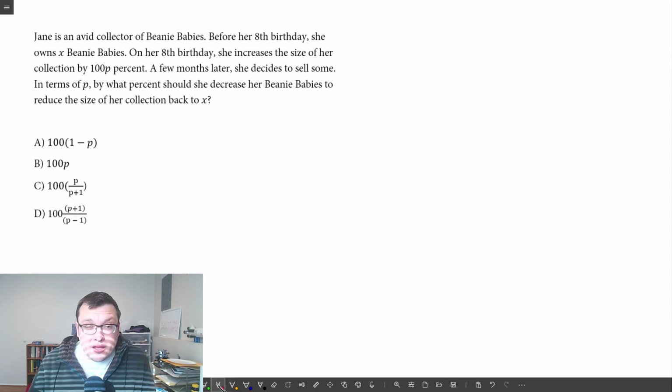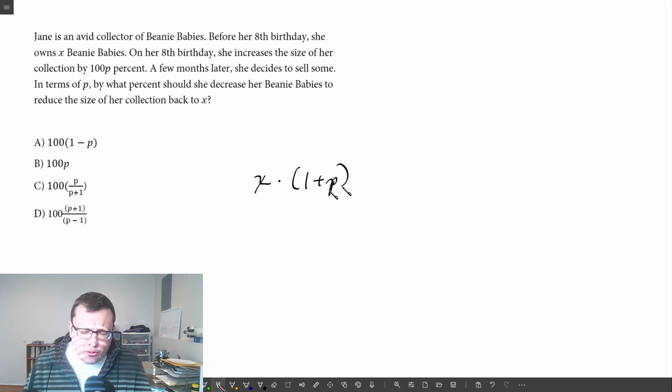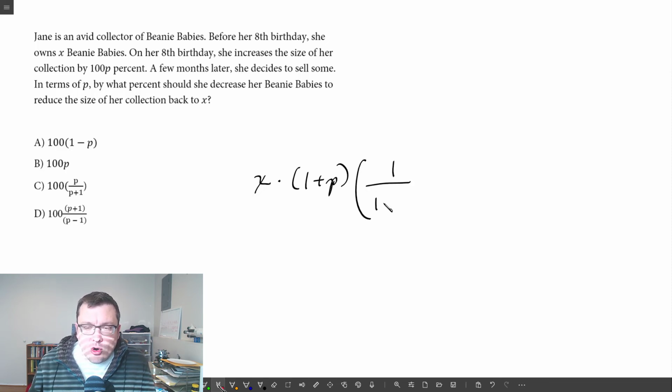There's another way to do it, which is related to the second way we did it. Again, we'll start with x, and I'm going to multiply it by 1 plus p, because I'm increasing it by that 100p%. If I want to get back to x, one way to think about this is, what would happen if I multiplied it by 1 over 1 plus p? Mathematically, they cancel, and I'm back to x.